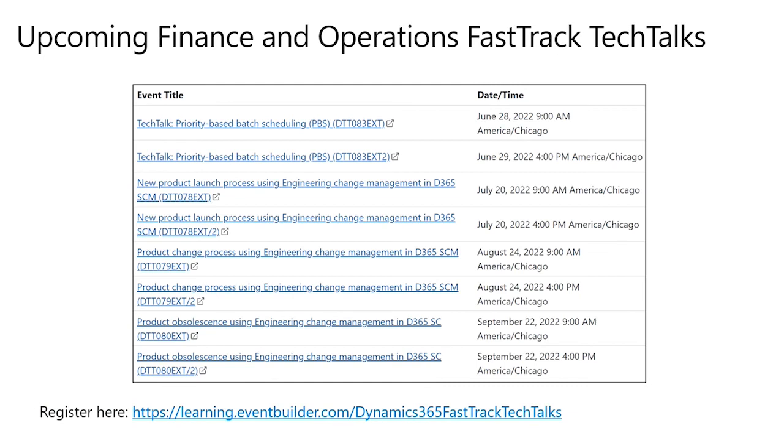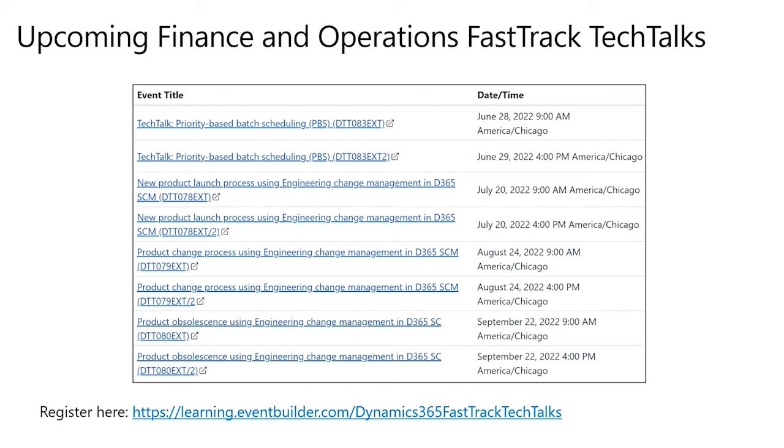There are a couple of interesting topics coming up for FastTrack Tech Talks. One is priority-based batch scheduling, a feature that I think a couple of months back became generally available, so there's a tech talk covering that topic.